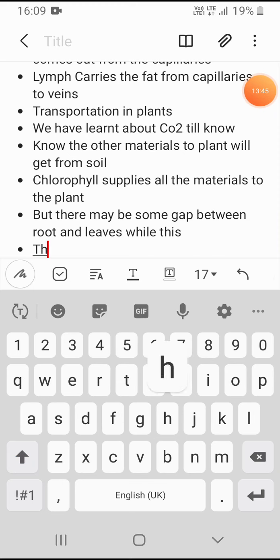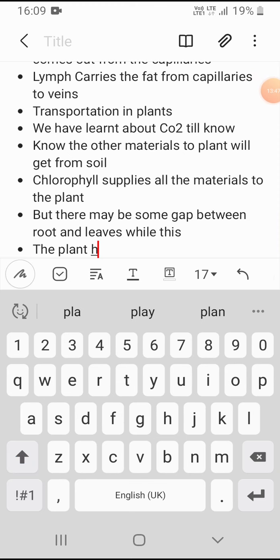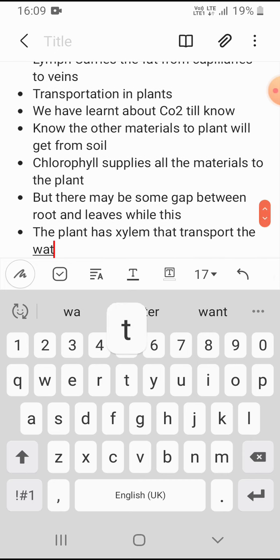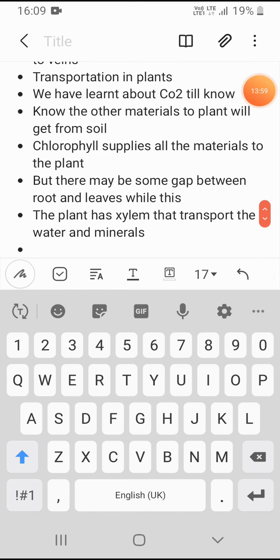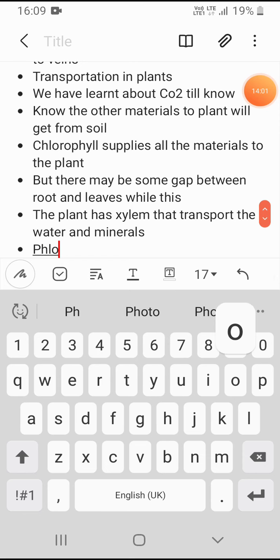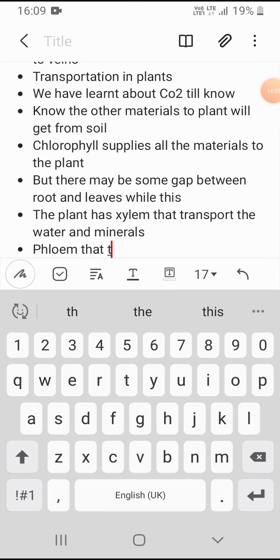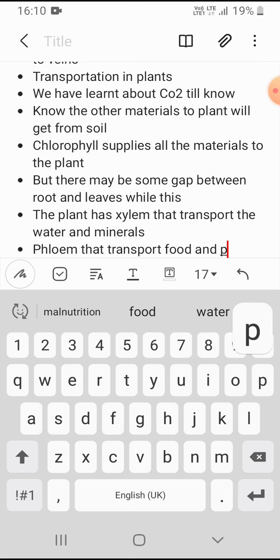You have learned that the plant has xylem that transports the water and minerals, and phloem that transports food from photosynthesis.